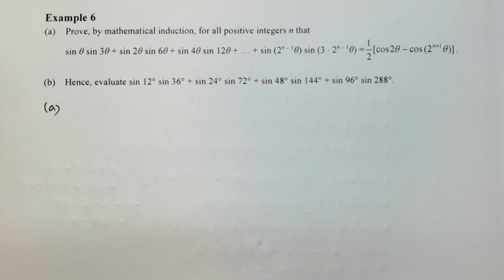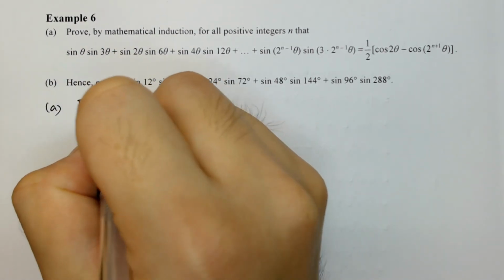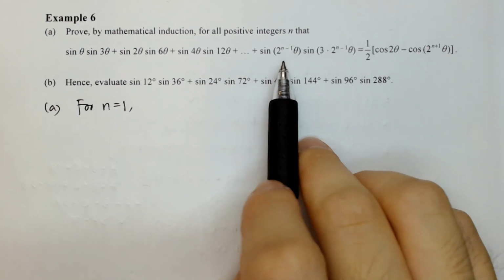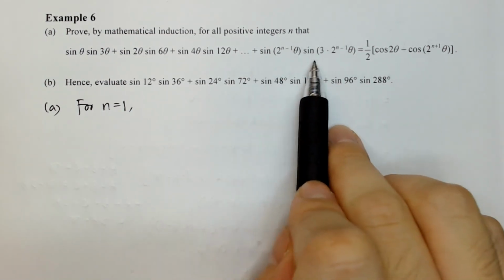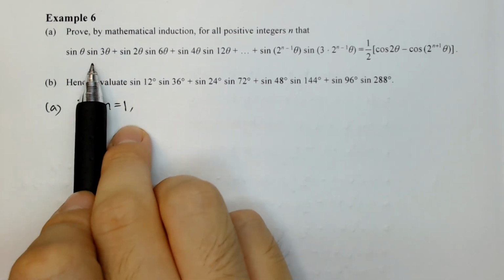To do this, we need to start with the case when n equals 1. And when k equals 1, you must be very careful to check the general term here, whether it's the same as the very first term. Okay, don't ever try to copy the first term.